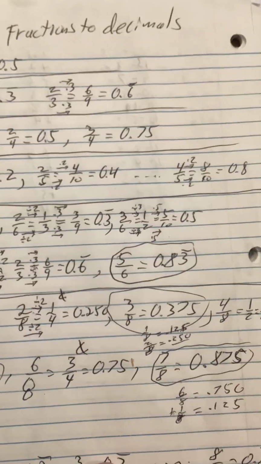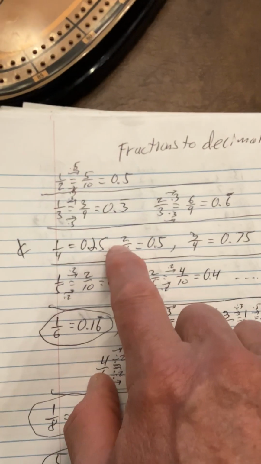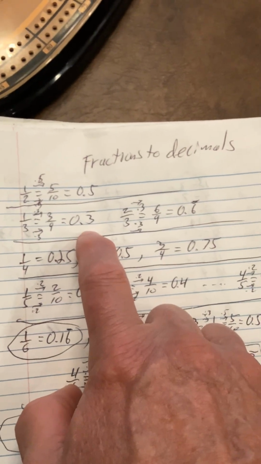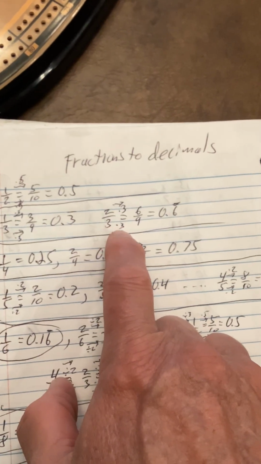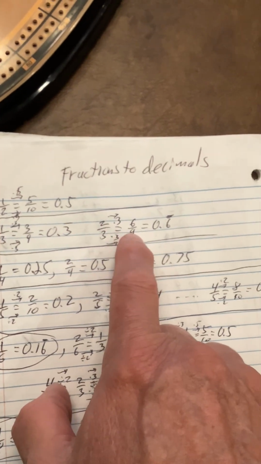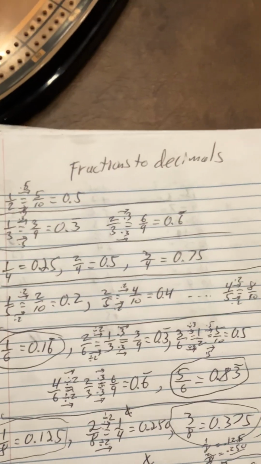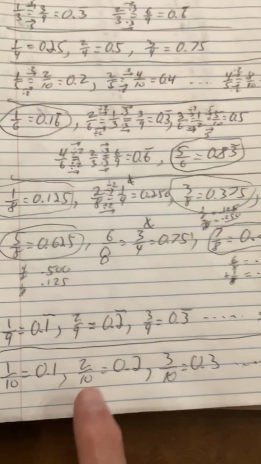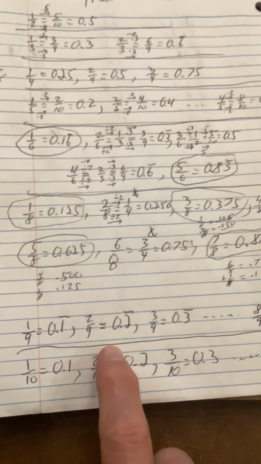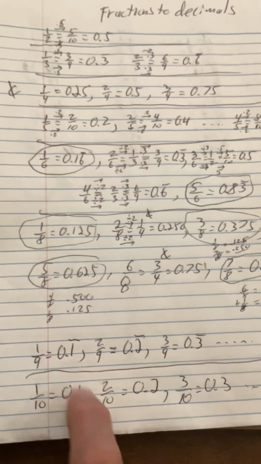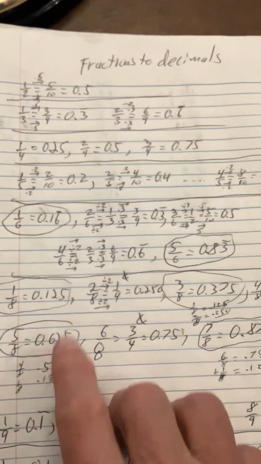Well, 3/9 you already know, it's 0.3 repeating. 2/3, I can make that ninths, that's 6/9, well it's 0.6 repeating. So all you need is knowing your tenths and then your ninths are similar, but they repeat, and then just trying to get them to ninths or tenths.